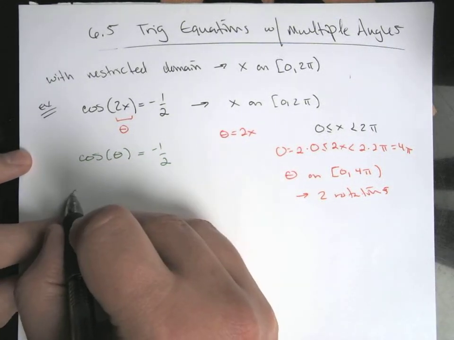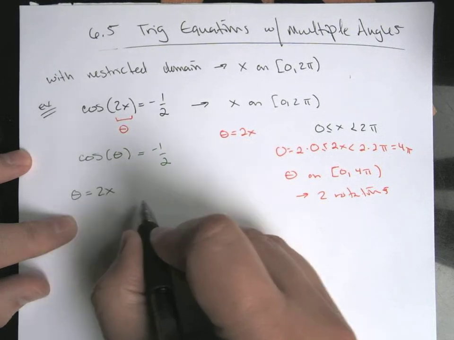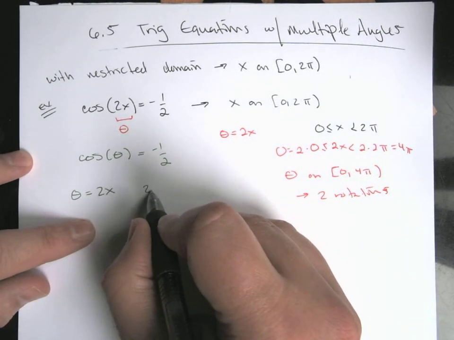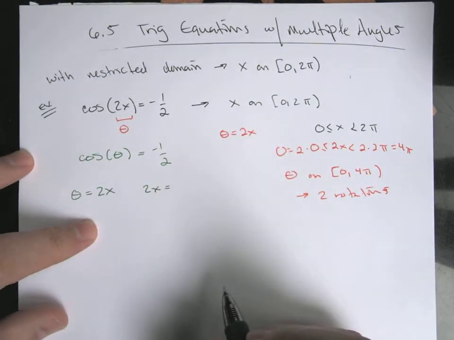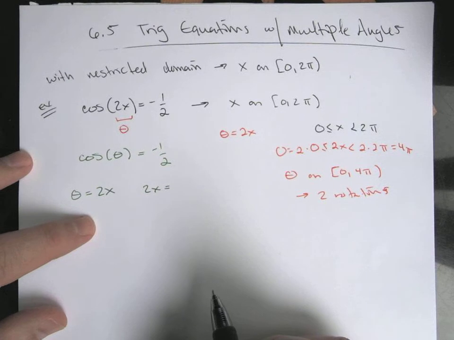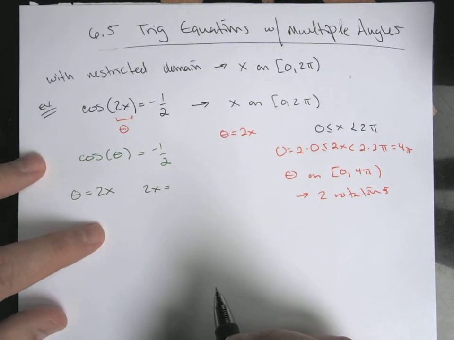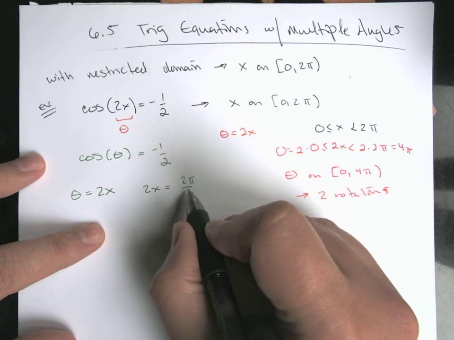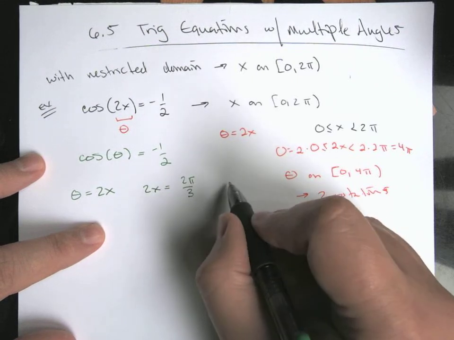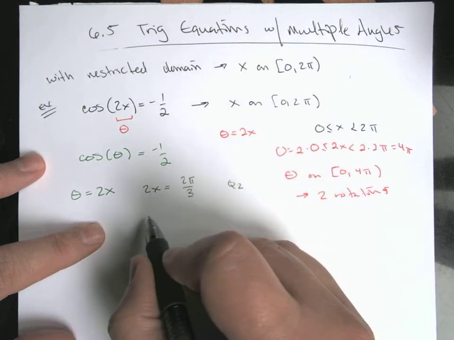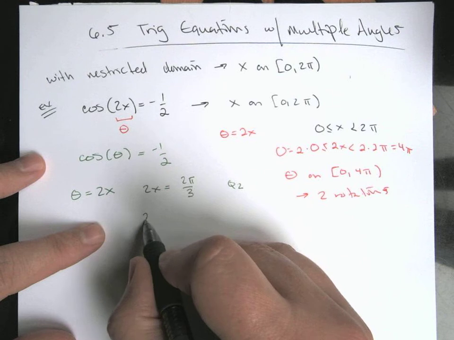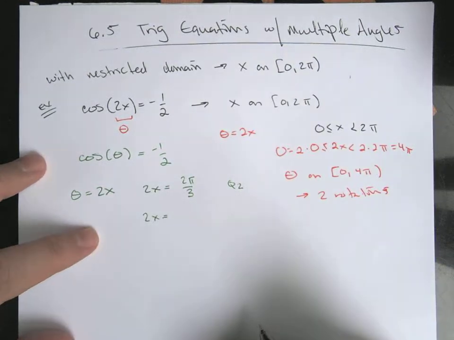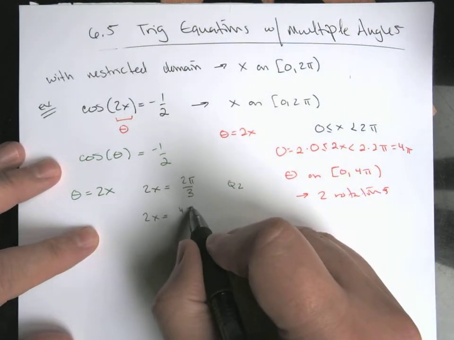Okay, theta is 2x. So 2x is going to hit where? Where does cosine hit negative 1/2? That's going to happen at 2 pi over 3 in quadrant 2. In quadrant 3, what's that? 4 pi over 3.